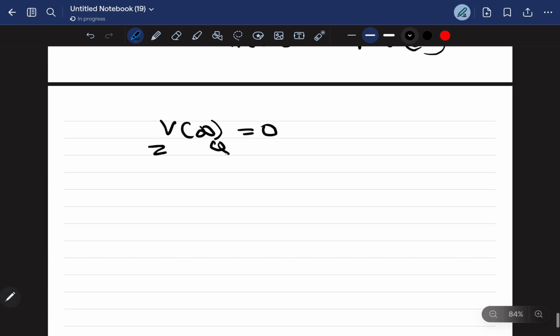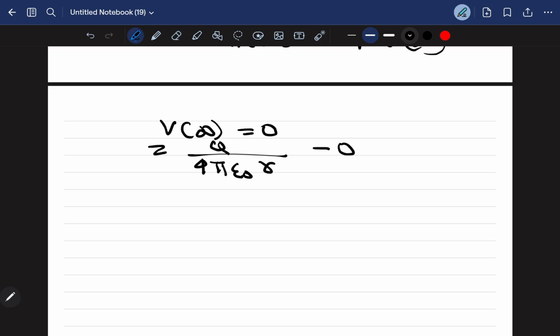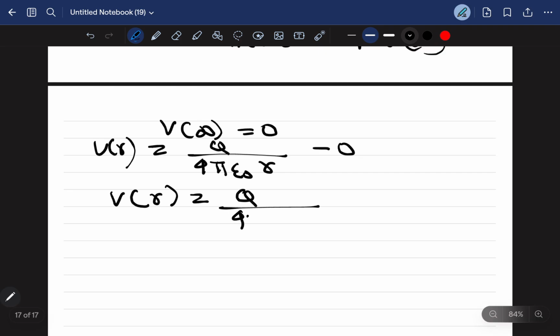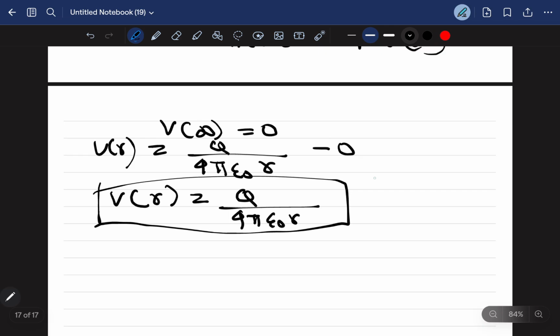So the potential is Q by 4 pi epsilon naught into r, minus 0. So V(r) equals Q by 4 pi epsilon naught r. Here we can see the potential at distance r outside the charged sphere is given by Q by 4 pi epsilon naught r. So V is inversely proportional to r.